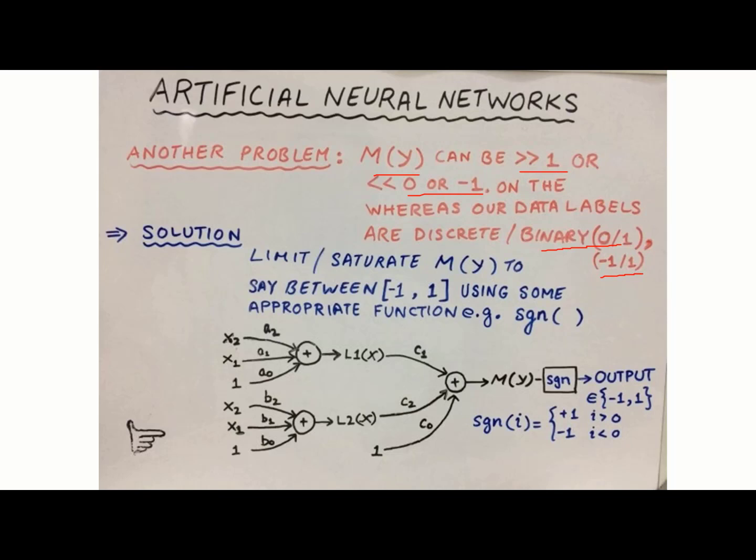This problem can be fixed easily if we could limit or saturate the value of our output to say between an interval that restricts its value between -1 and 1. And one of the things that help us to accomplish this is the sign function. So if we use a sign function defined like this, we can process our output to have a value which is either 1 or -1.